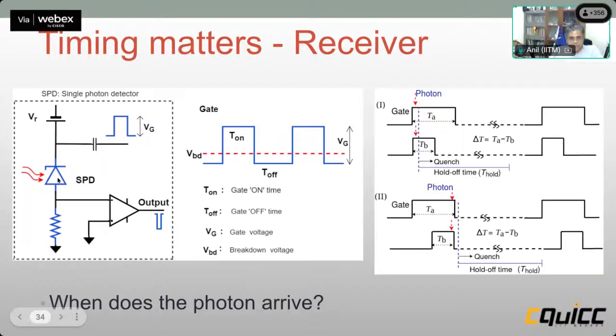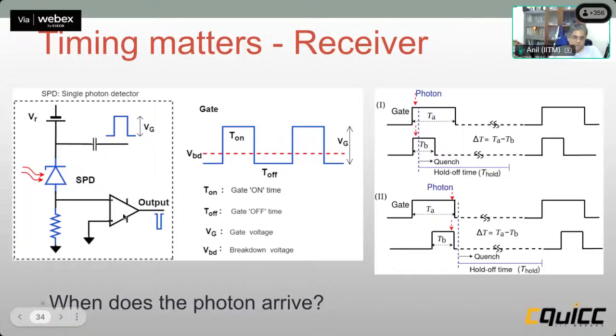When a photon comes and hits this single photon, actually it hits an avalanche photodiode, there is a current that is generated, and that current that is generated is synchronous with what is called a gate pulse. So this gate pulse and this reference bias voltage are applied together to this avalanche photodiode. If the arrival of the photon and the arrival of the gate pulse coincide, then you end up with a signal at the output of the comparator.